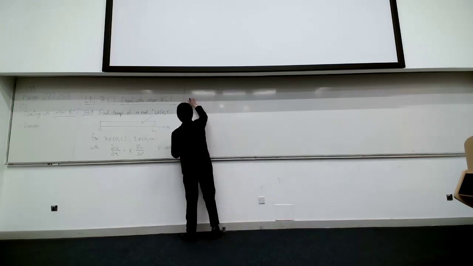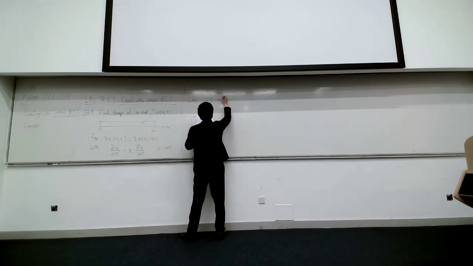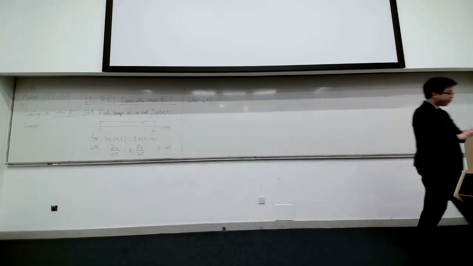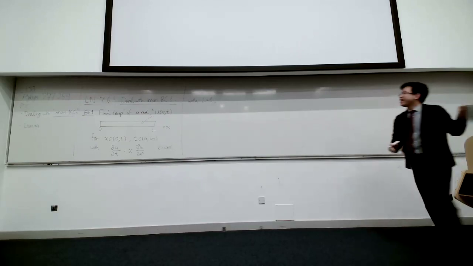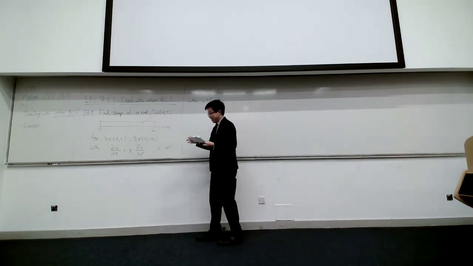And of course, we need boundary conditions. Kappa should be positive for it to be physical, but like I said, mathematically it doesn't change anything.